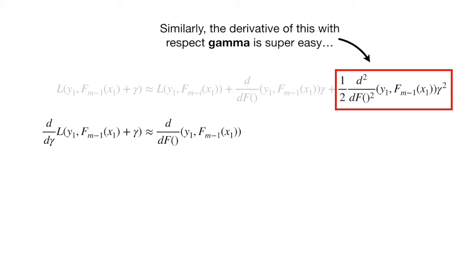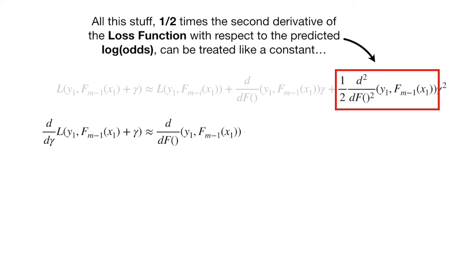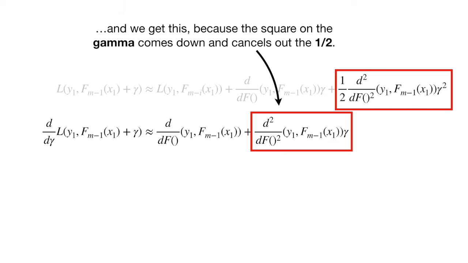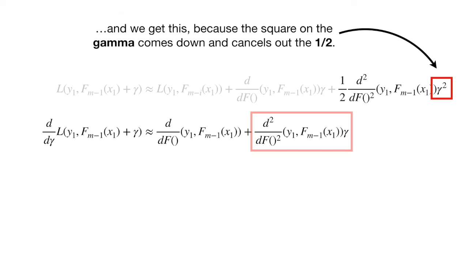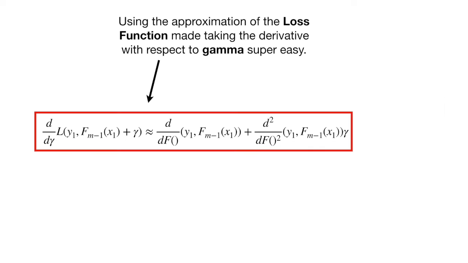Similarly, the derivative of this with respect to gamma is super easy. All this stuff, 1/2 times the second derivative of the loss function with respect to the predicted log odds, can be treated like a constant. And we get this, because the square on the gamma comes down and cancels the 1/2. Using the approximation of the loss function made taking the derivative with respect to gamma super easy.